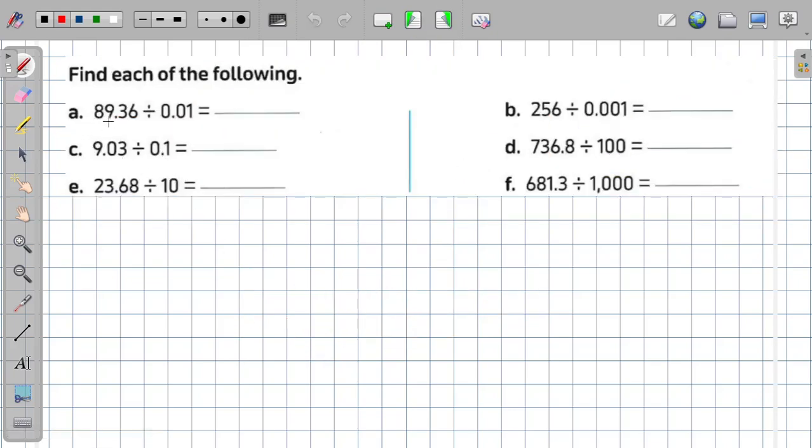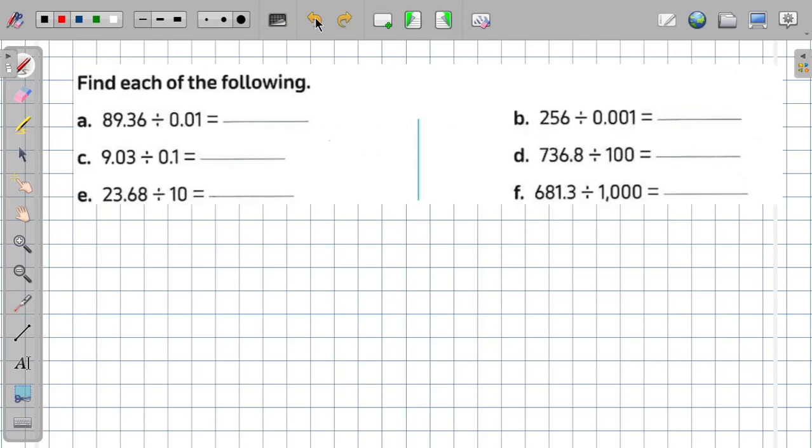I have 89.36 divided by 0.01. Okay? So I will move the decimal point 2 places to the right. So I have 8, 9, 3, 6, and the decimal point between 9 and 3. So I want to move the decimal point 2 places to the right.